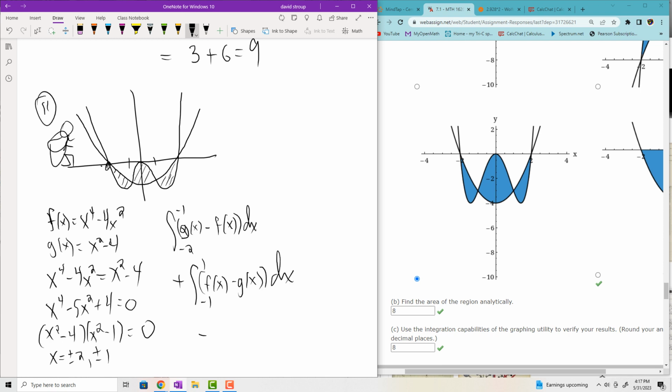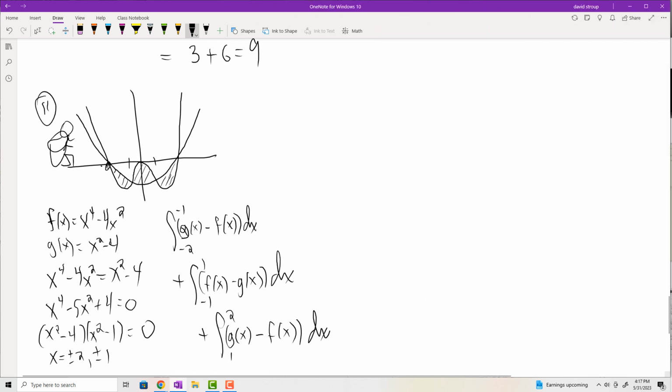And then you need another integral from 1 to 2, where in that region the top curve is the quadratic. Okay, but that's too much work, right? Brute force, sometimes you have to do it, but it's better to look for workarounds.